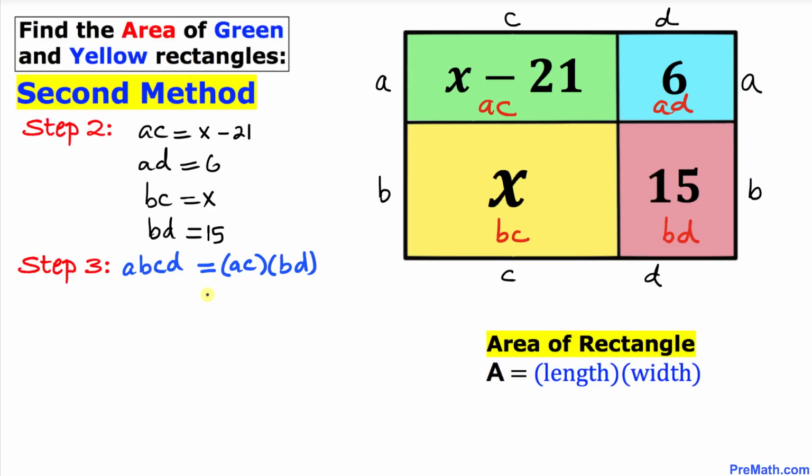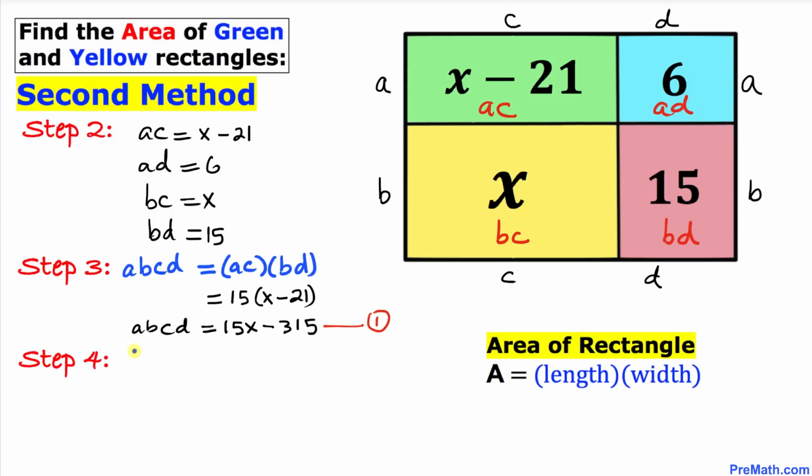So I can just write it down, replacing this with 15 times (x minus 21). If we simply distribute this, ABCD turns out to be 15x minus 315, and I am going to call this equation number 1.